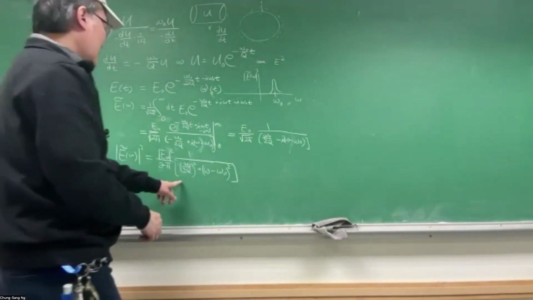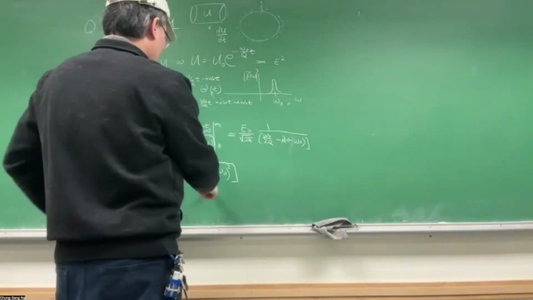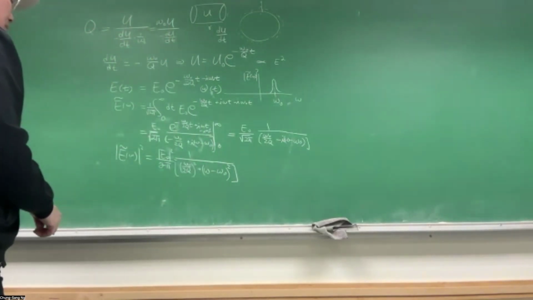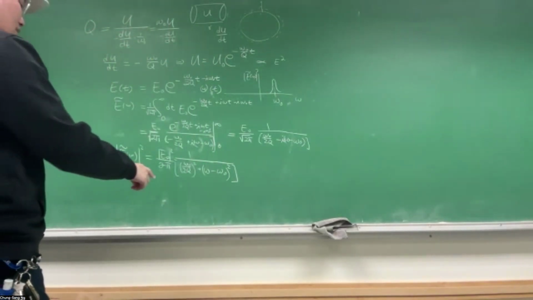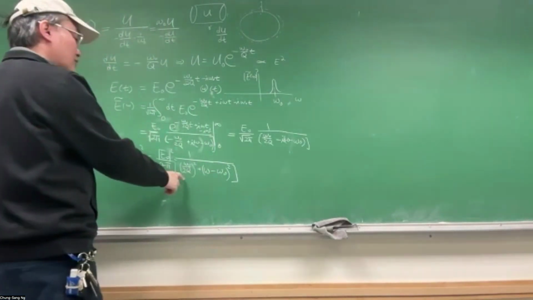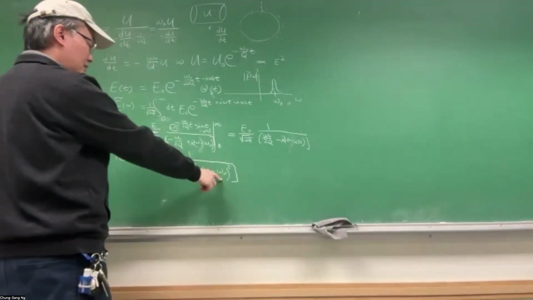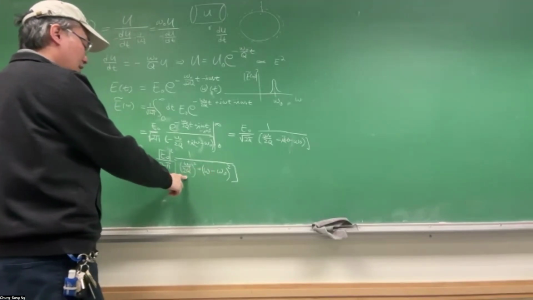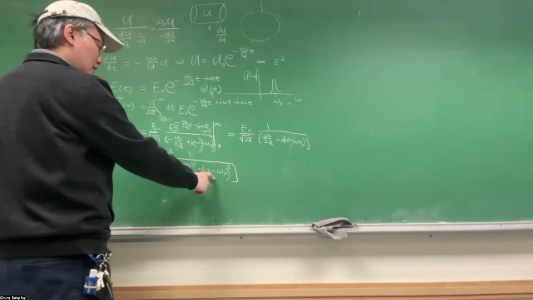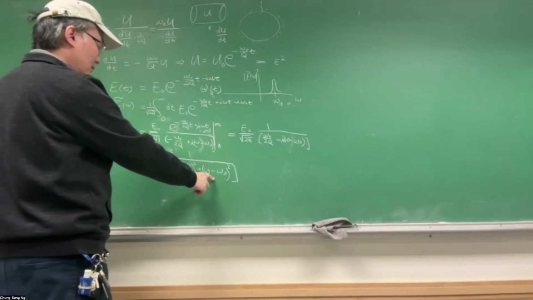Now you can look at the shape of this one. Obviously, this function will have a maximum at omega equal to omega sub 0 because both are square terms. This is like a constant, so getting rid of this term will make it maximum.